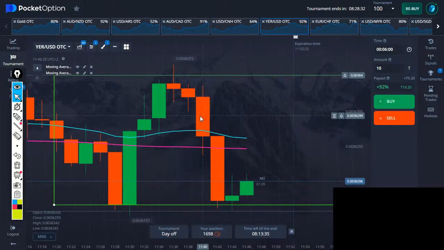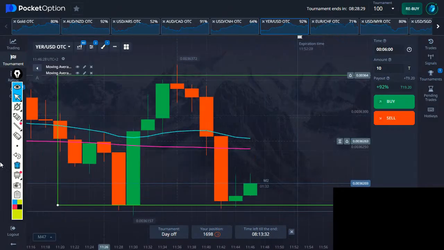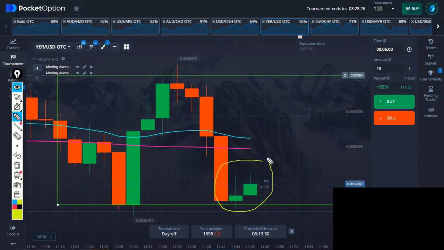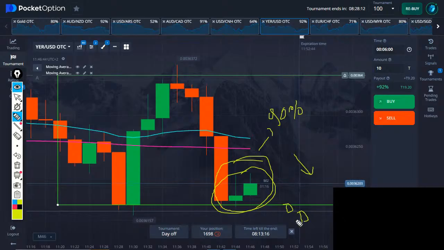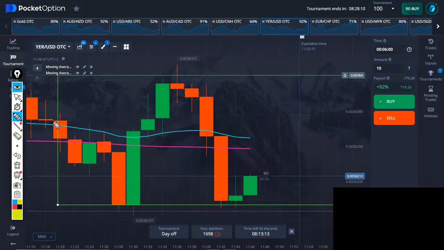Beautiful, it's happening. 2 back to back topping tail bars, that's a 90% follow through rate. When you see those two happening back to back, you usually will see red after it, 90% of the time. Very high probability. So let's wait for the close.